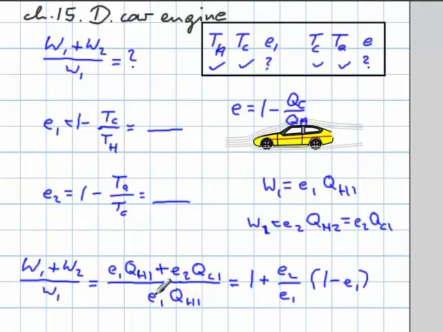I was able to manipulate it in such a way that they actually divide out, and all I have in my final equation is known variables that I calculated earlier. And then that of course equals some kind of ratio. It's going to be in the neighborhood of 20% higher, so the second engine produces 20% more work than the first engine.